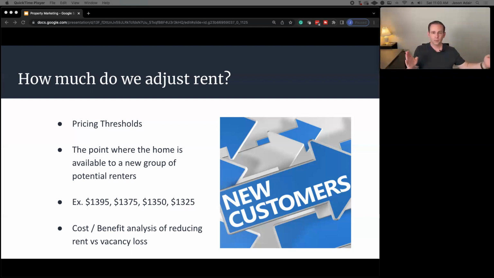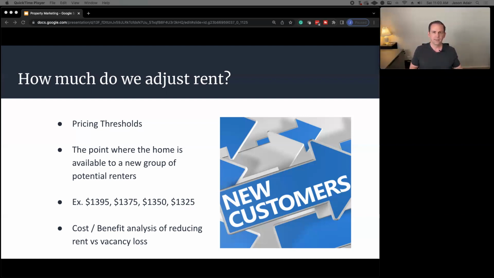I just want to get the thing rented, because I make the determination if I lose $75 a month but get this thing rented in a week, I'm going to make more money in the course of the next 12 months to 2 years, as opposed to waiting a week, going to $13.75, maybe waiting another 3-4 days, dropping to $13.50, another 4 or 5 days, $13.25. I get it rented, then there's a 30-day notice, and before I know it, 2 months down the road, I still get my $13.25, or I get it rented, but I've lost so much in vacancy loss.